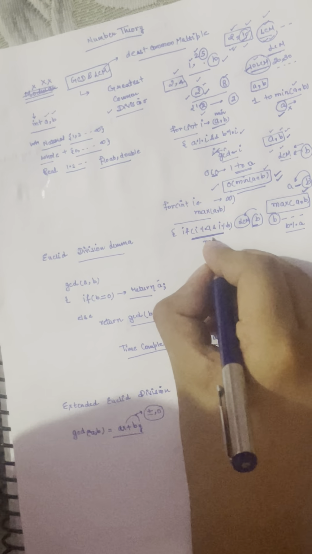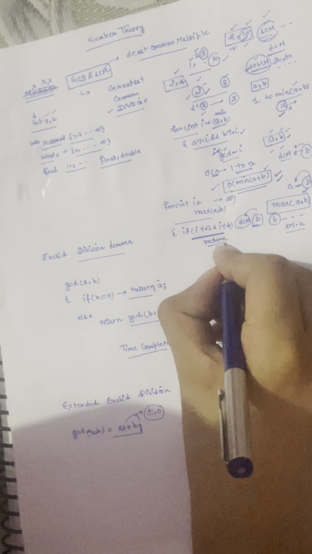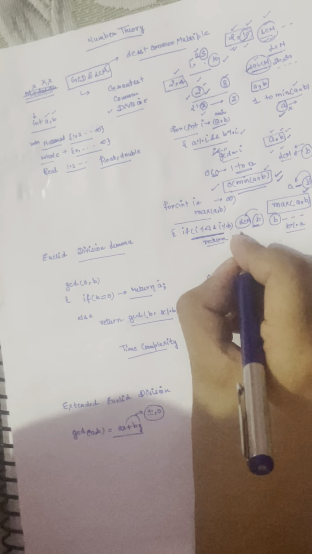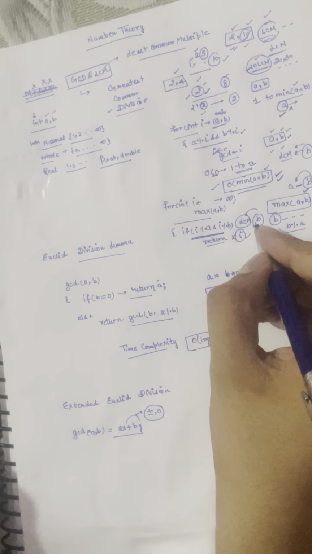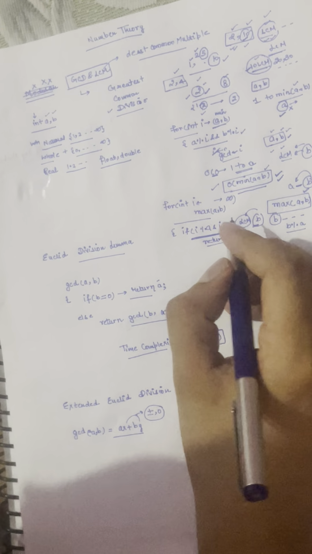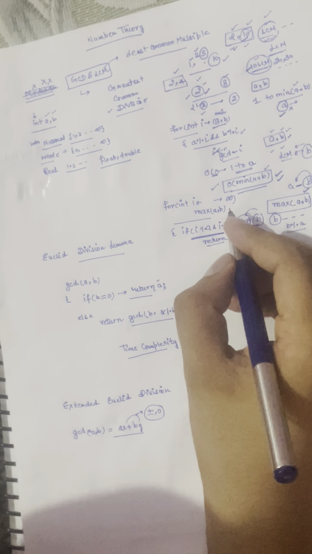So I will just break out and return i. This is the least number which satisfies both conditions: it's a multiple of a as well as b.